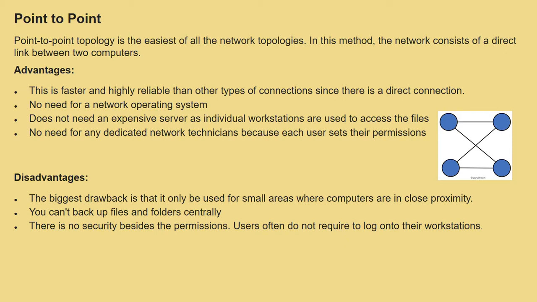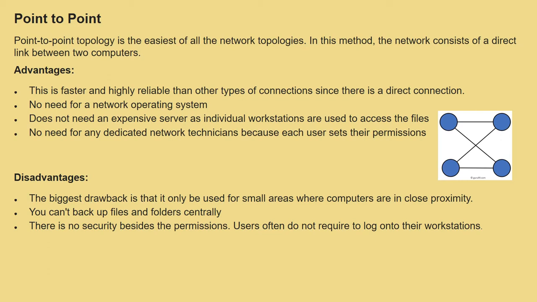Point to point topology. This point to point topology is the easiest of all the network topologies. In this method, the network consists of a direct link between two computers. Now what are the advantages? This is faster and more reliable than other types of connections, since there is a direct connection.